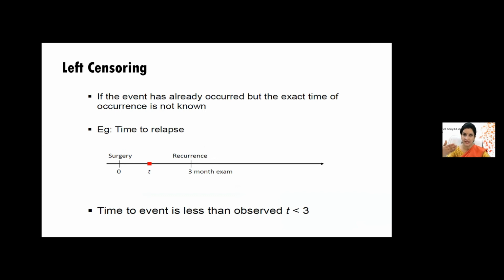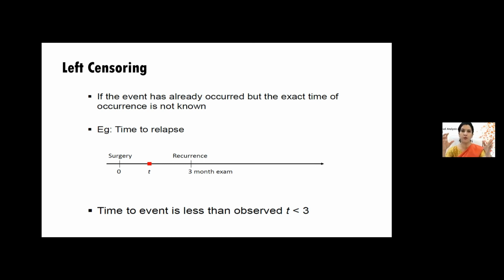Now in this case, for example, if there is a recurrence of tumor, maybe you have done a breast cancer surgery and the person has come to you with the recurrence of the tumor. But in the diagnosis, if the tumor is not symptomatic, you don't know the exact time of the happening of that event. So if there is a problem with the start time, then it is known as the left censoring.